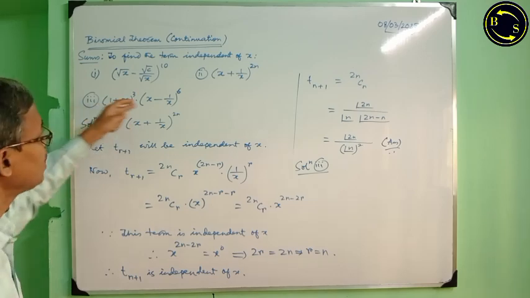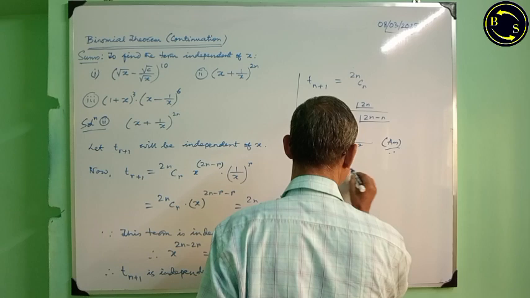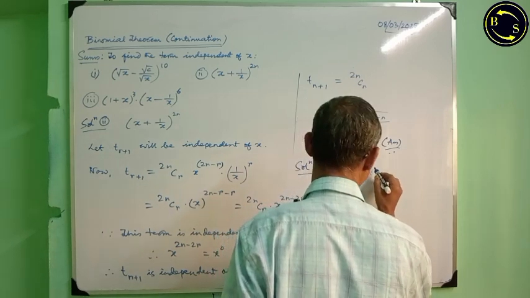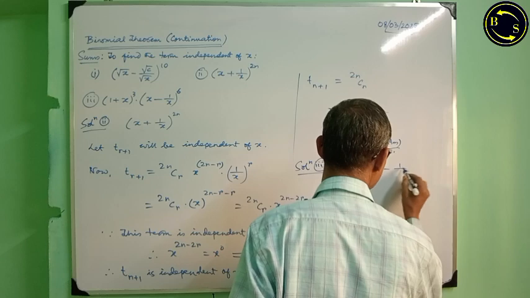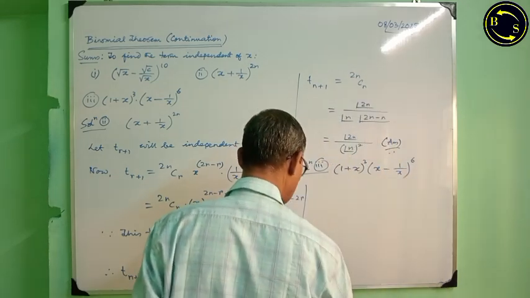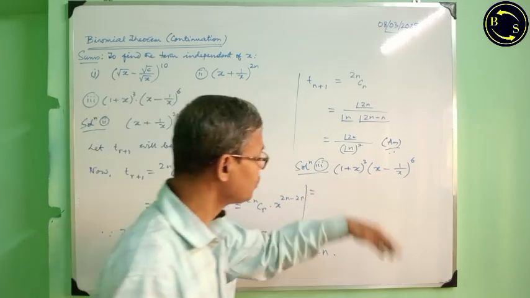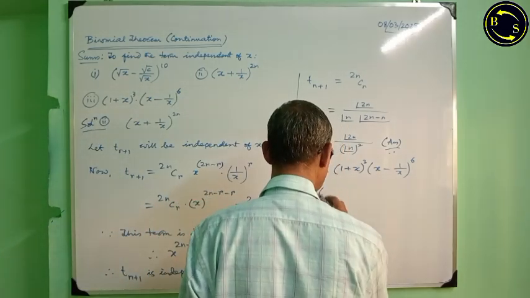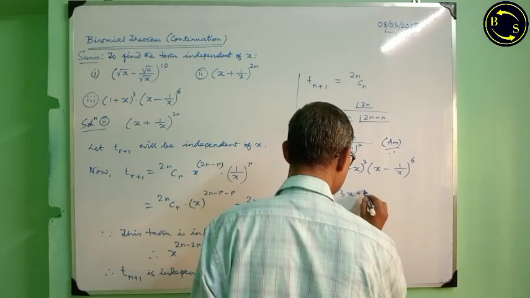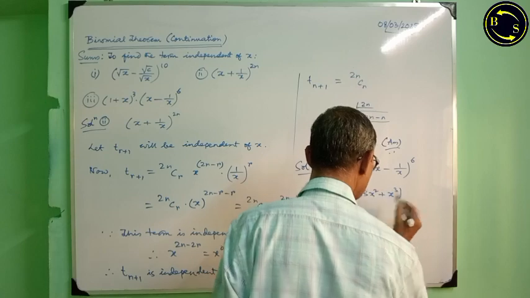First we write this one, 1 plus x whole cube into x minus 1 by x whole to the power 6. Actually we shall write the expanded form of each. Here it will be 1 plus 3x plus 3x square plus x cube.